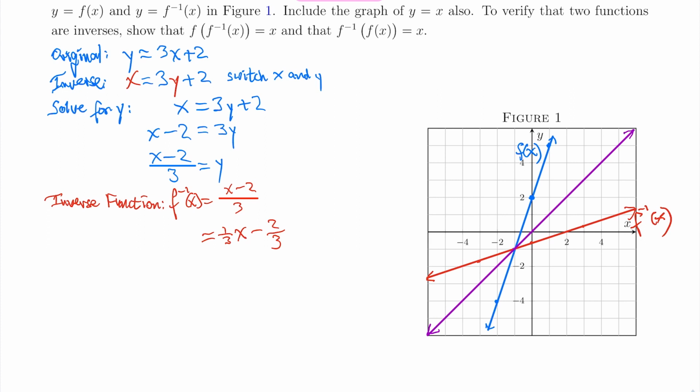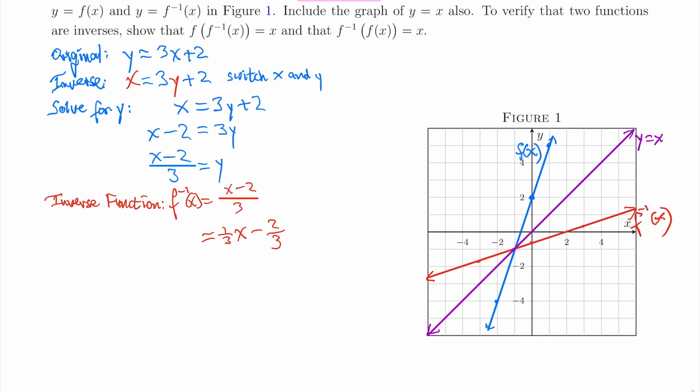And when I now look at that line, I see that the equation of that line is y equals x, because it goes through the origin and has a slope of 1 up over 1. That is characteristic for inverse functions. So the original function and its inverse function, when we draw both of them in one coordinate system, will always be mirror images over the line y equals x.